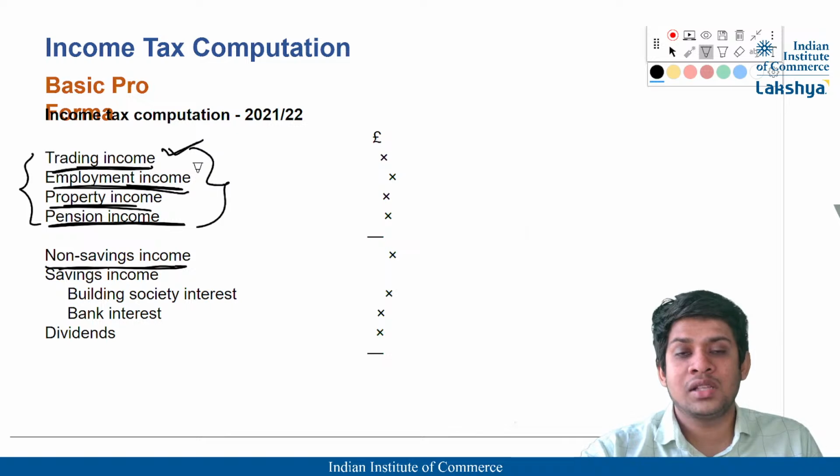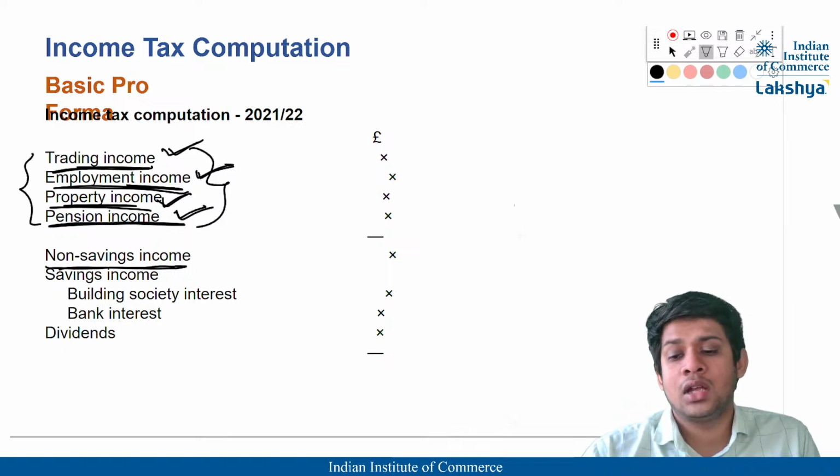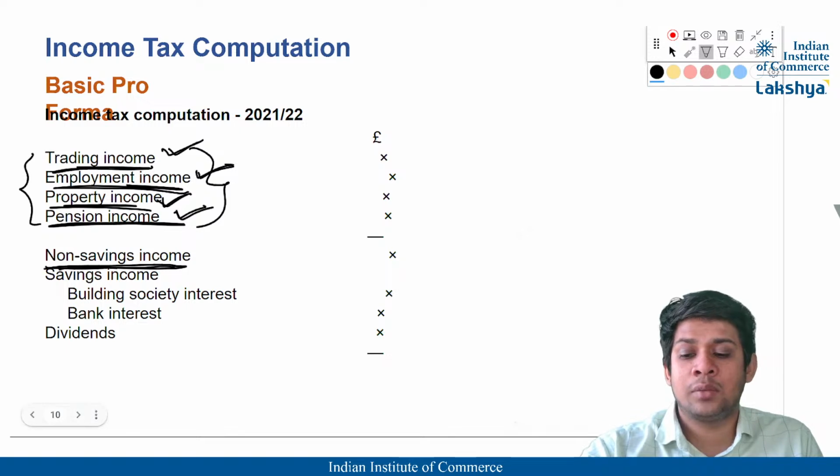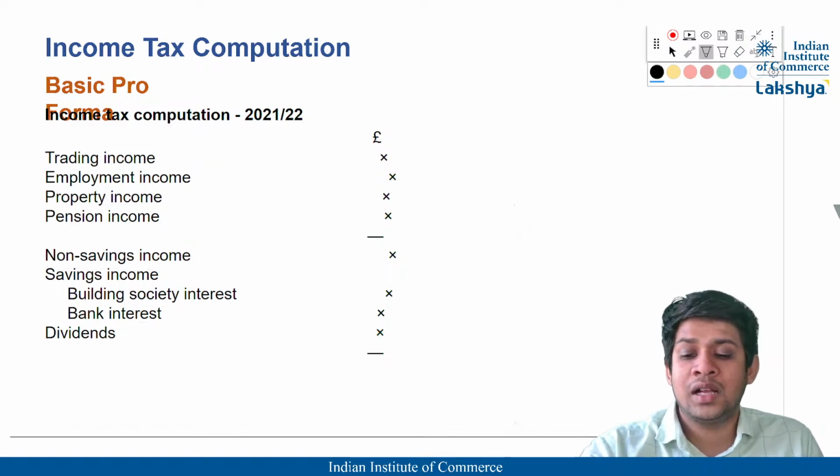It is your continuing business activity from which you're generating income. You're doing your work as an employee from which you're generating employment income. You have a property that you've given out on rent from which you're earning rental income, and you have a pension that you're receiving. So all these are non-savings income. These are not from savings that I've made. So these all will be considered under the head non-savings income.